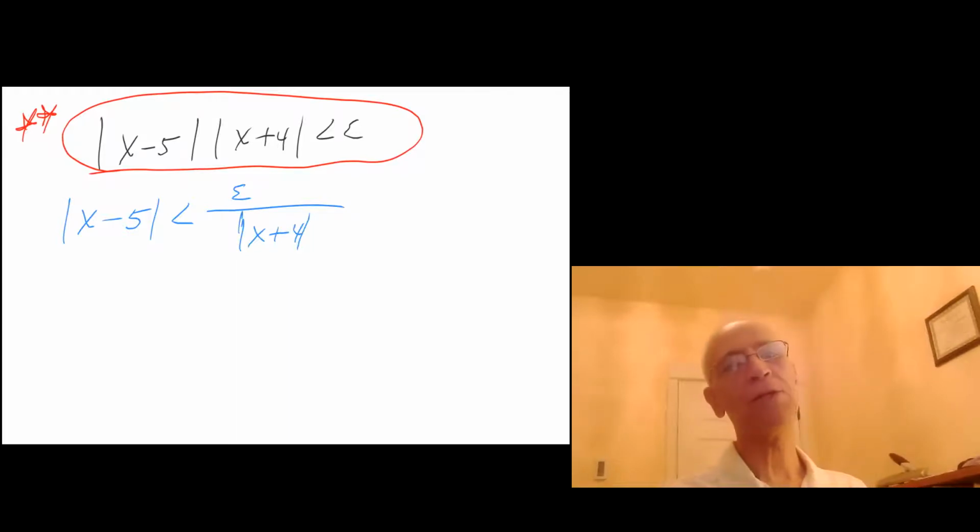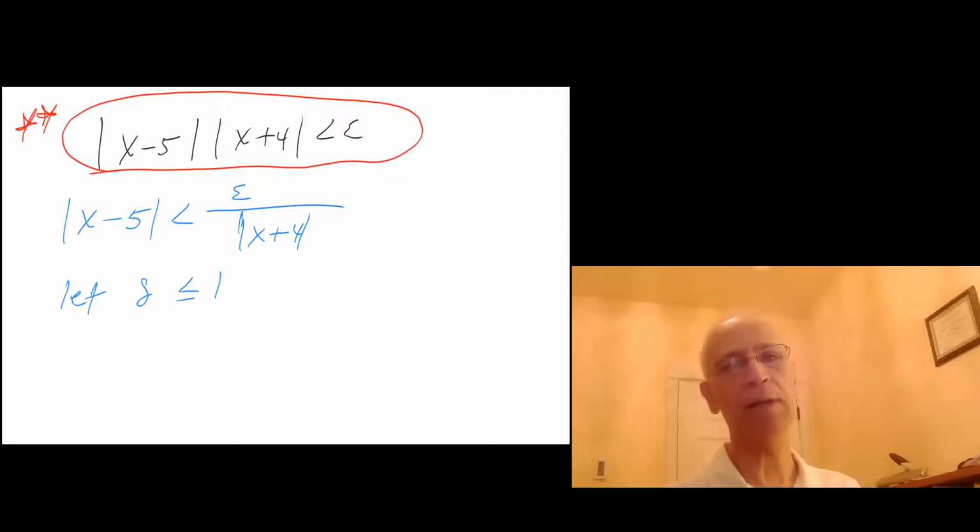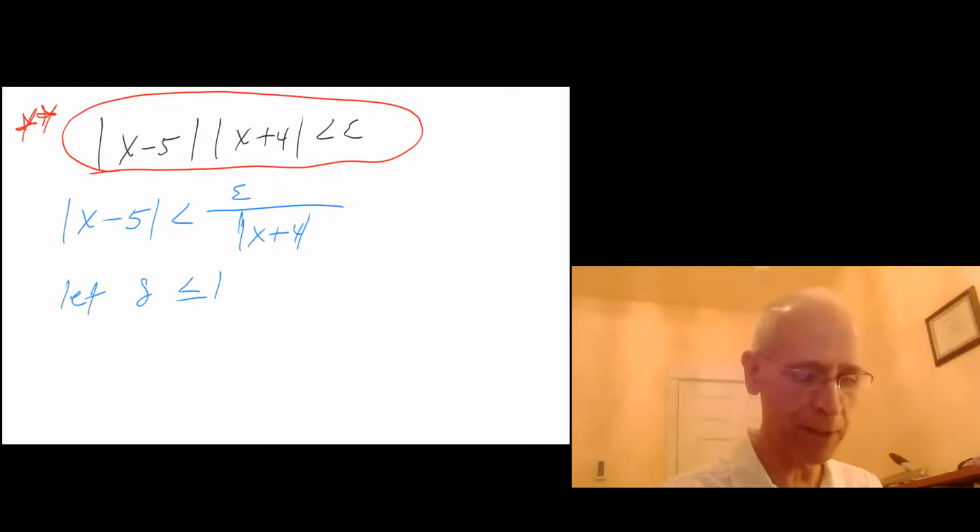Now, I'm going to choose a delta. The easiest delta I can choose is to let delta be smaller than or equal to 1. I want a small delta. I don't really want any delta larger than 1. You can if you want to, but 1 is the easiest number for me to deal with.